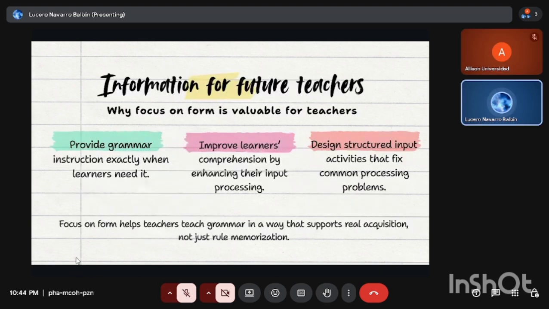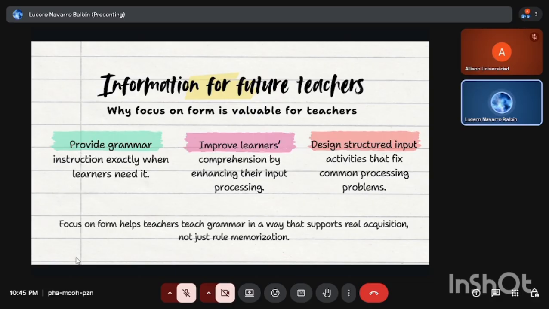And now, what does this mean for us as teachers? Focus on form is extremely valuable because it allows us to teach grammar without interrupting communication. Instead of isolating grammar, we integrate it into meaningful activities. This approach supports real acquisition because it changes how learners process the input.